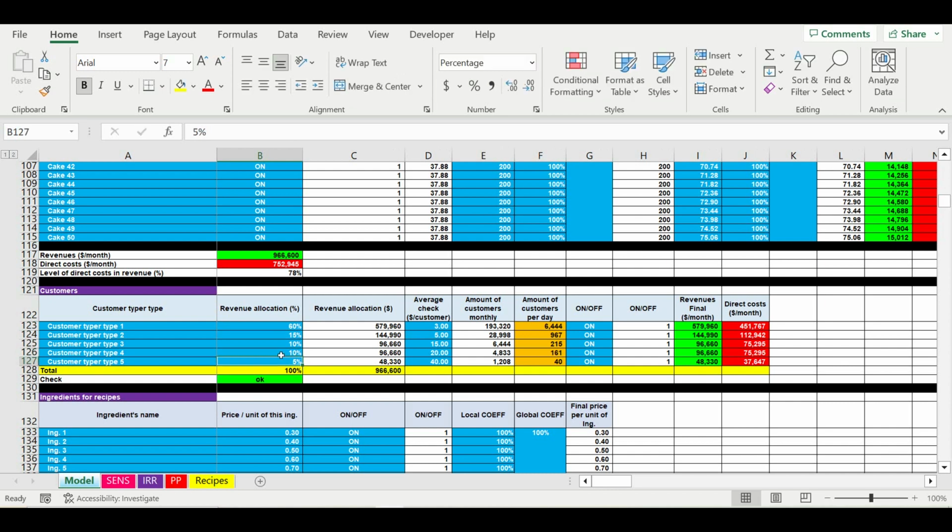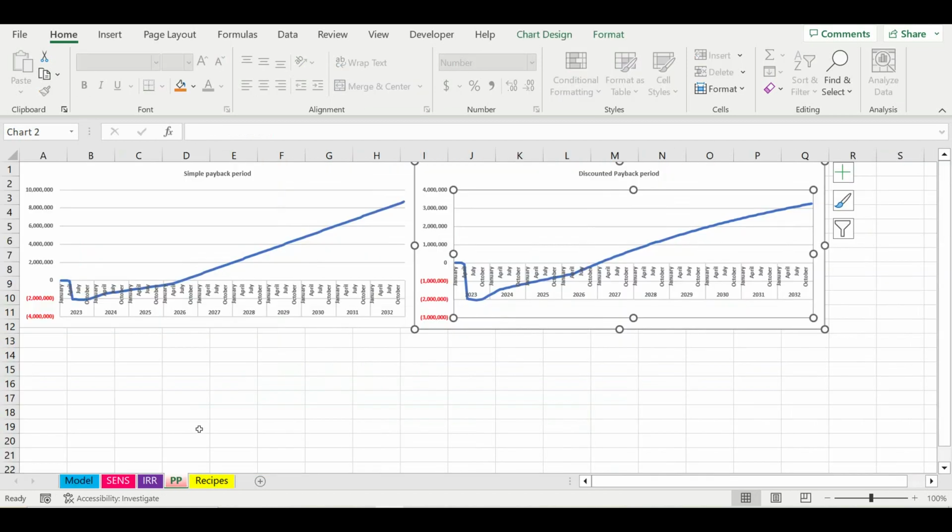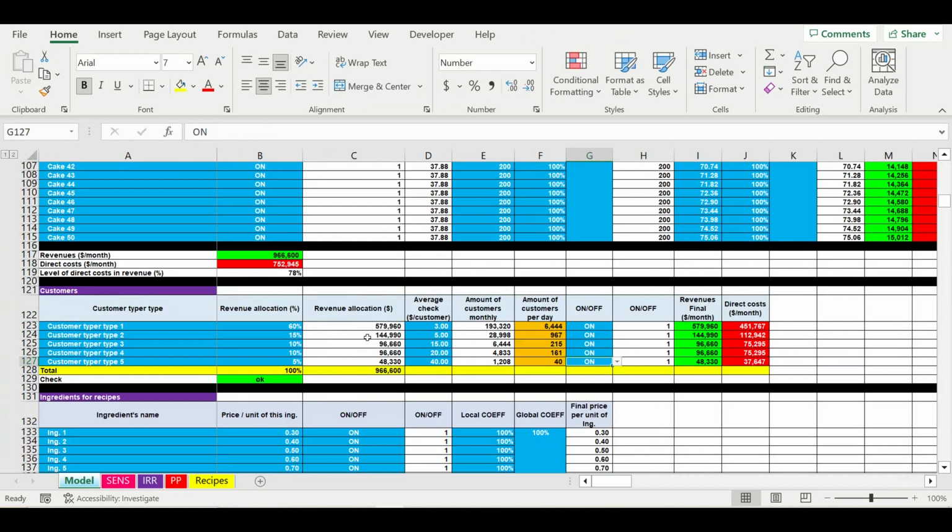Then they go back and see what will happen in this way. We can also switch off this type of customer and see what will happen in this scenario.